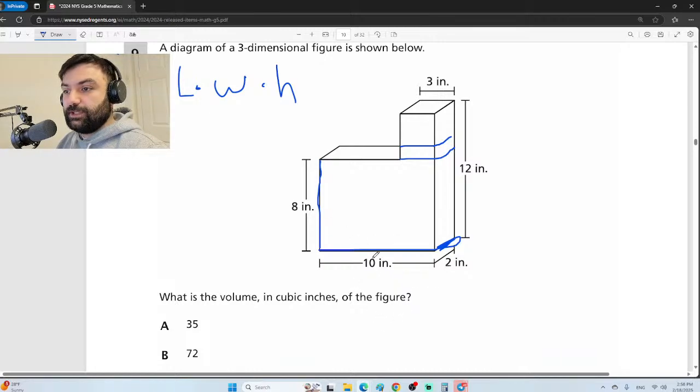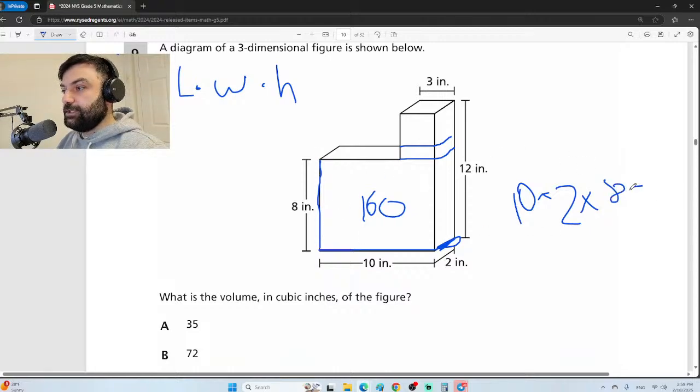Which is 80 times 2, which is 160. Right? It's actually not length times width, but I started with the height. But the length would be 10. So if length times the 2 is the width. Is 20. Yeah. And then times height, which is 8. So 20 times 8 will be 160.